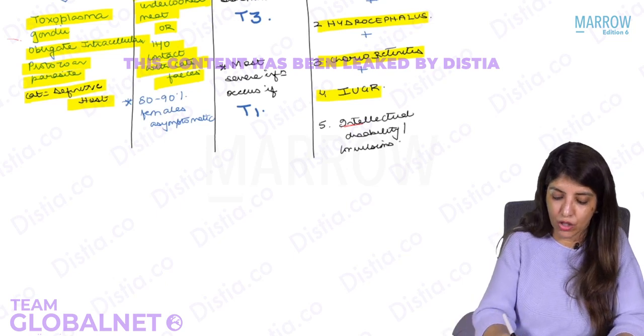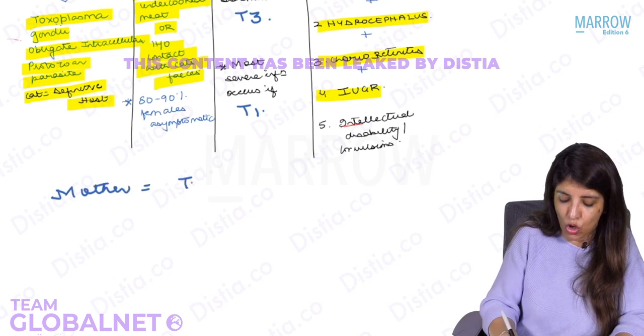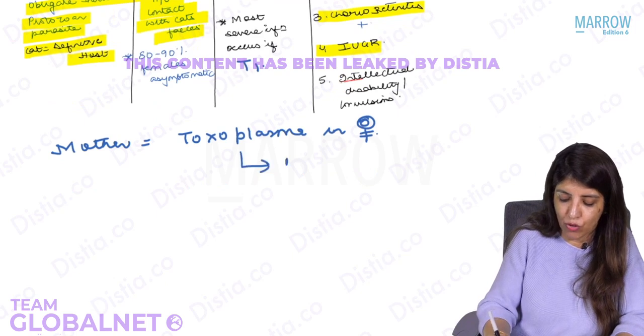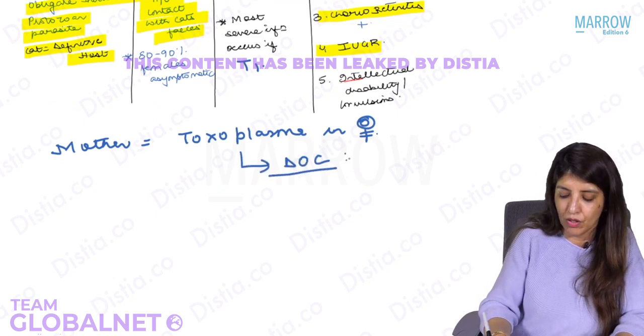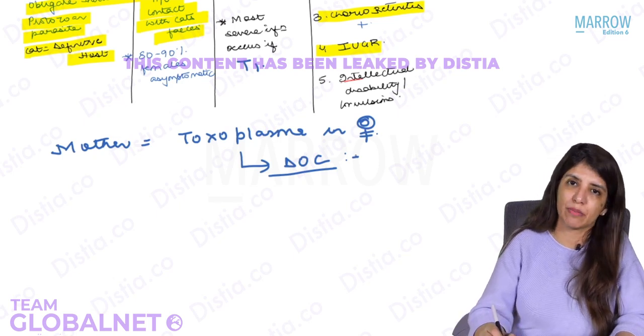Now, in toxoplasma infection, if mother has toxoplasma infection in pregnancy, for treating the mother, what is the drug of choice? What is the drug of choice for treating mother with a toxoplasma infection?